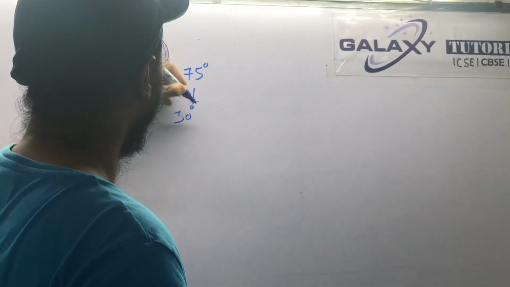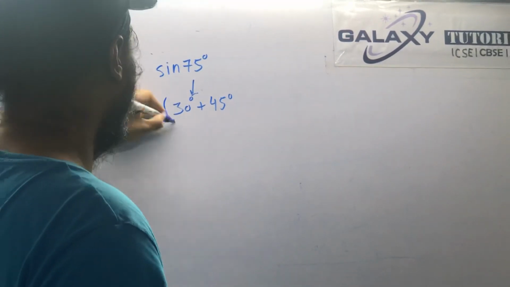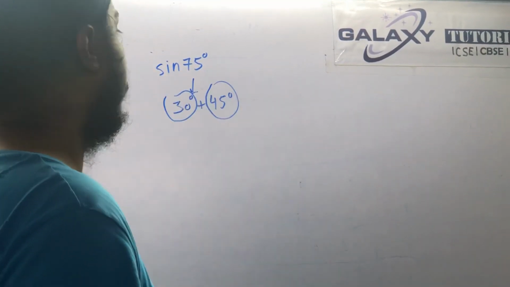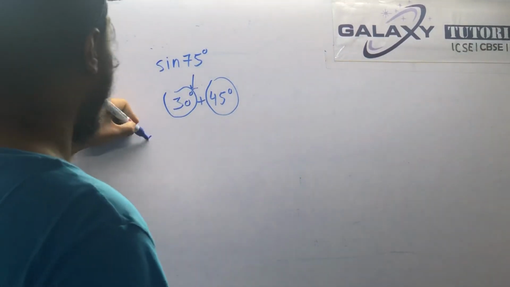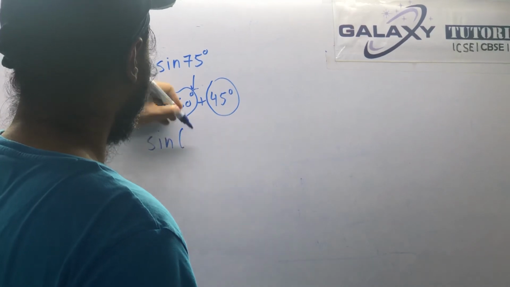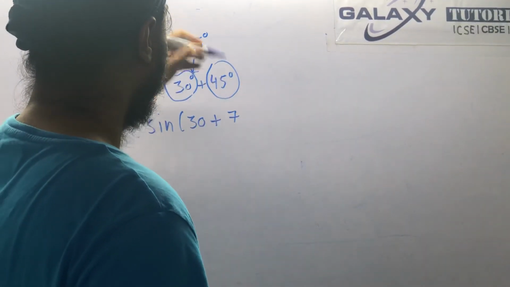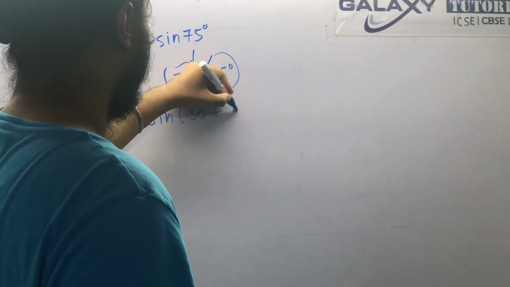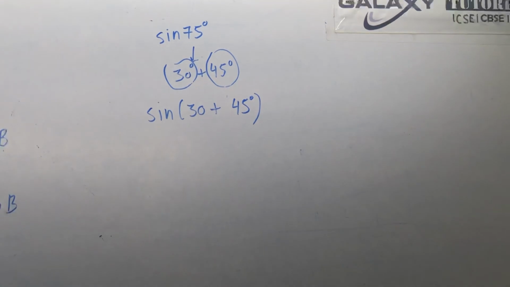What I am trying to tell you is 75 can be written as 30 degrees plus 45. Why did I say so? Because you know the values of 30 degrees and 45 degrees. So I can write it like this: sin(30+45) degrees. No problem. Now what do we have to do?